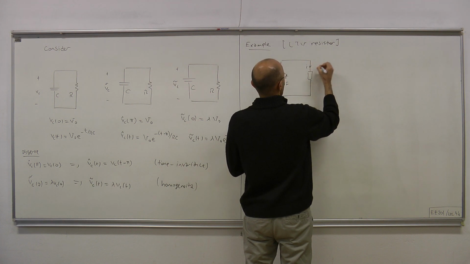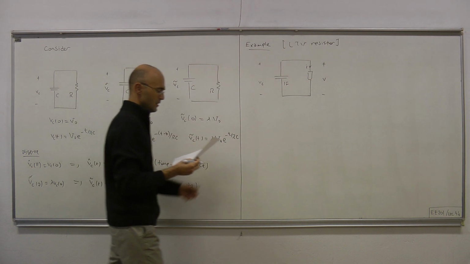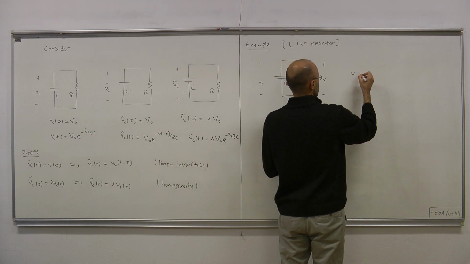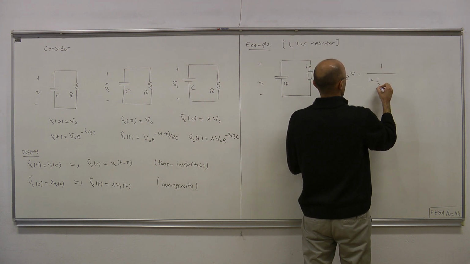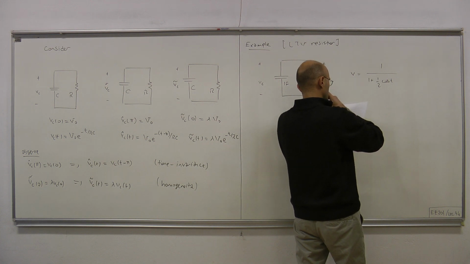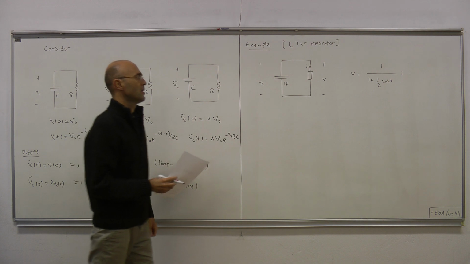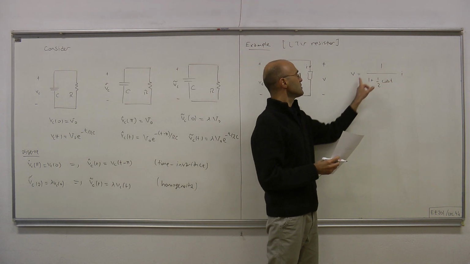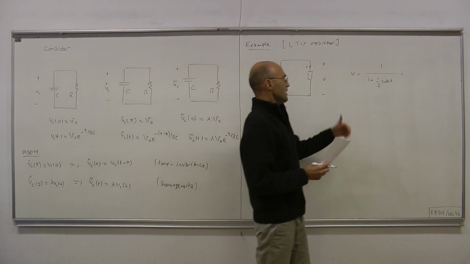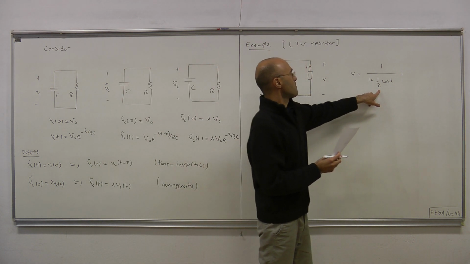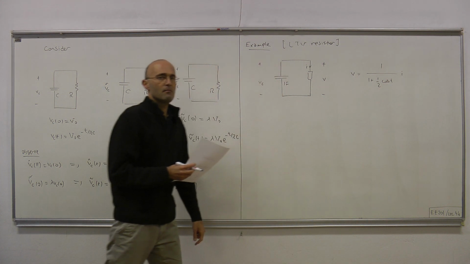The current is I, and this is the voltage of our LTV resistor. The current-voltage characteristic is given as V equals (1 plus 1/2 cosine t) times I. Therefore, the conductance of this LTV resistor goes back and forth between 1/2 mhos and 1.5 mhos.